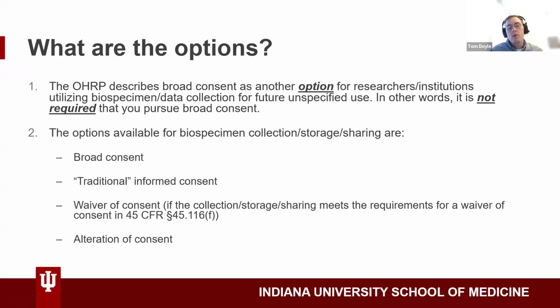You can also apply for an alteration of consent. So that's doing pretty much just traditional informed consent with a few changes to accommodate your study, provided that the IRB approves those alterations.